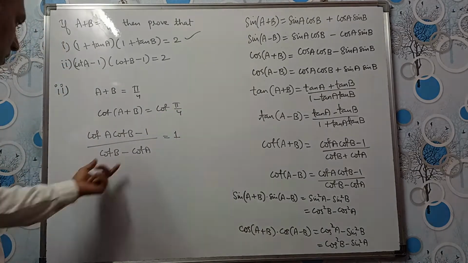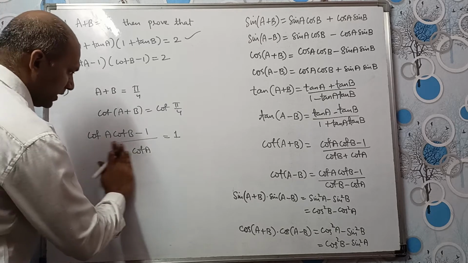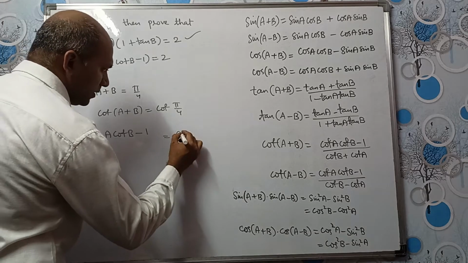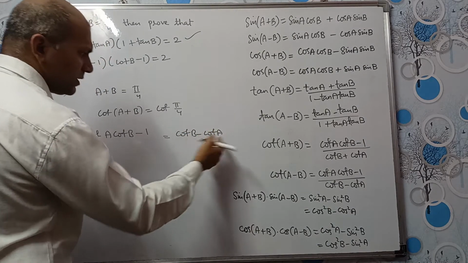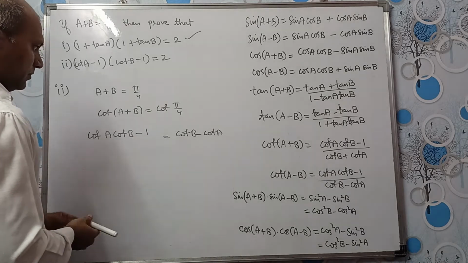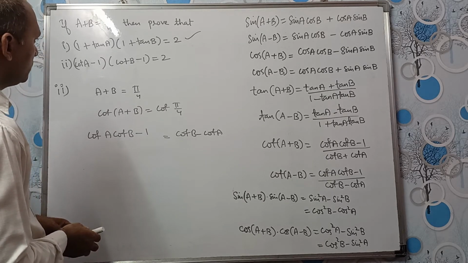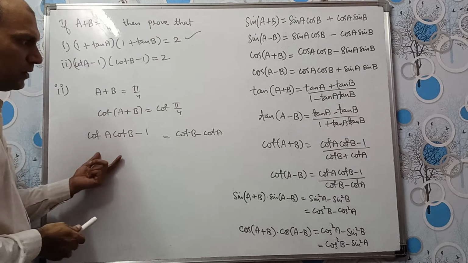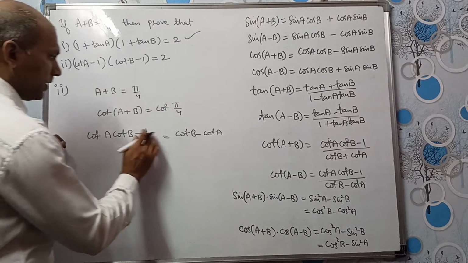So this is cot A cot B minus 1 over cot B plus cot A, which is equal to cot 45, which is 1. Okay, if you send this on the other side, it was 1 here, 1 into this will give us the same term, cot B plus cot A. I'm extremely sorry, it was cot B plus cot A, right?